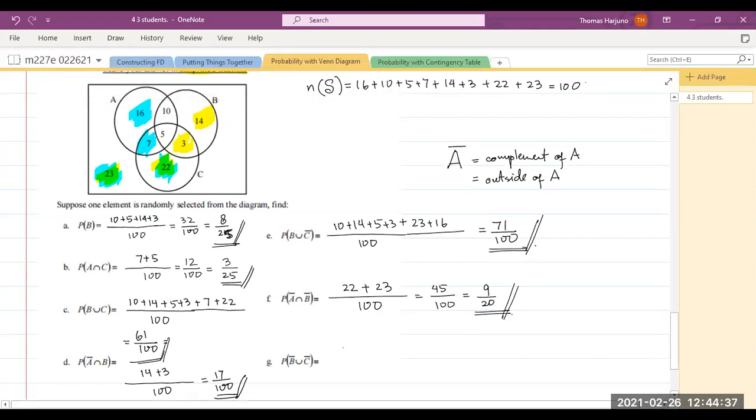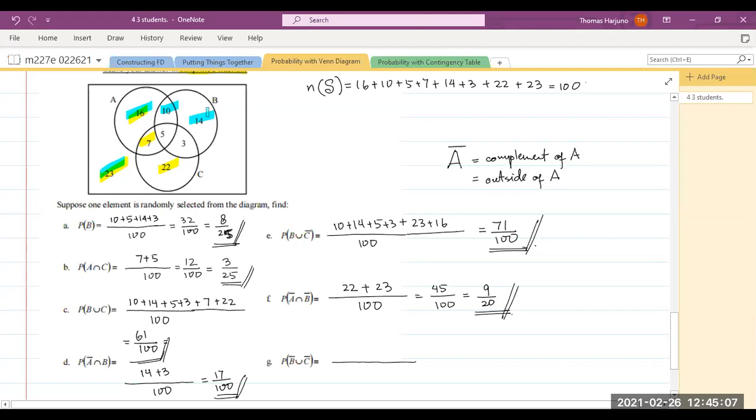Now part G, let me erase the shading first, otherwise I get confused with the next question. What is the probability of selecting outside of B? Outside of B are this guy, this guy, this guy, this guy, or outside of C. Outside of C are this guy, this guy, this guy, this guy.